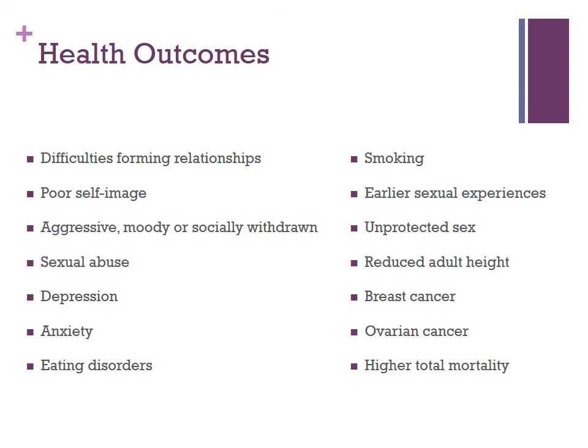In addition to psychosocial disturbances associated with precocious puberty, several physical consequences may exist. These include reduced adult height, a greater risk of breast and ovarian cancer, and higher total mortality. Given the complexity and seriousness of such health outcomes, further research examining potential risk factors, treatment strategies, and preventive measures for precocious puberty is imperative.